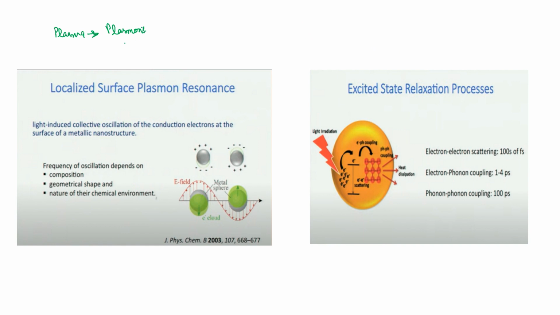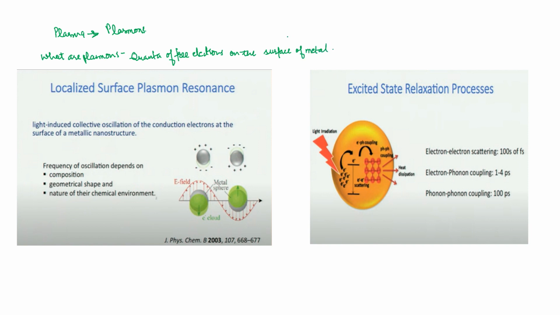So definition wise, what are plasmons? Plasmons are quanta of free electrons on the surface of metal.